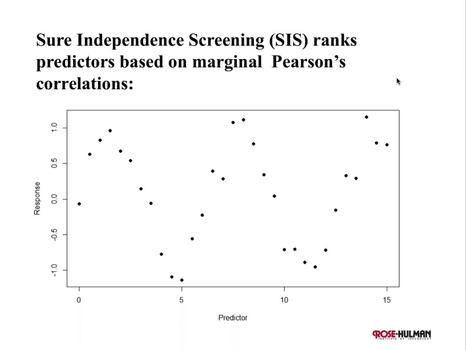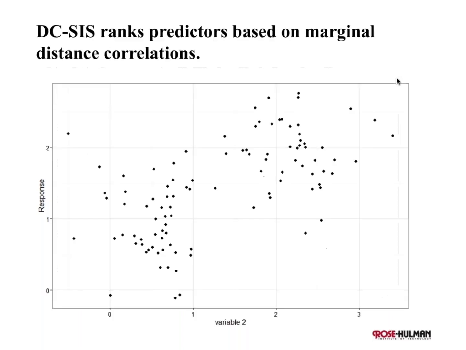However, there's one problem with the sure independent screening procedure, which is that Pearson's correlation does not pick up nonlinear correlations. If we have a plot of response versus predictor as a graph here, we can see there is an obvious nonlinear correlation between the response and the predictor.